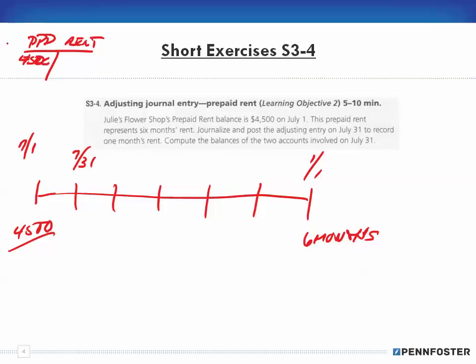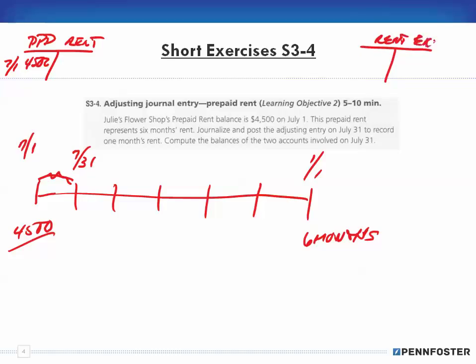So on 7/1, it has a balance of $4,500. Now, when I make the adjusting entry, obviously, for the whole month of July, I'm using 1 month of that rent. So the opposite side of that entry is going to be rent expense.